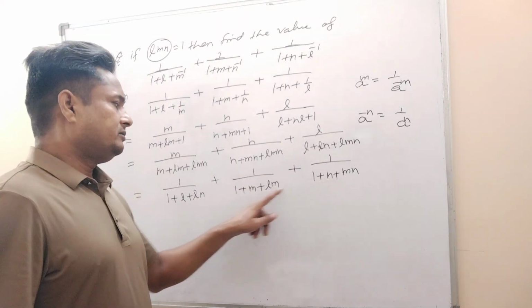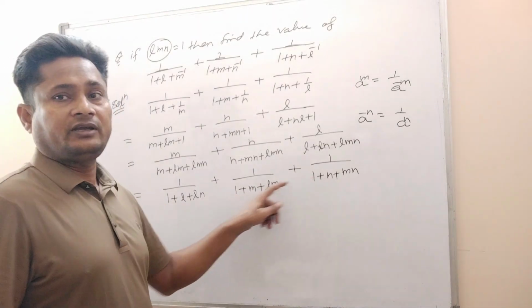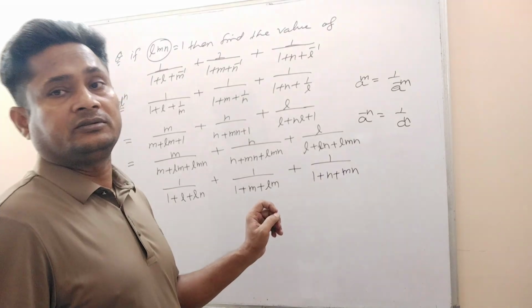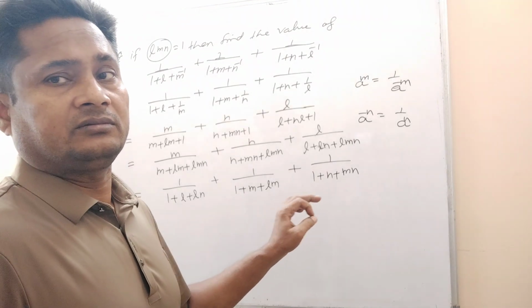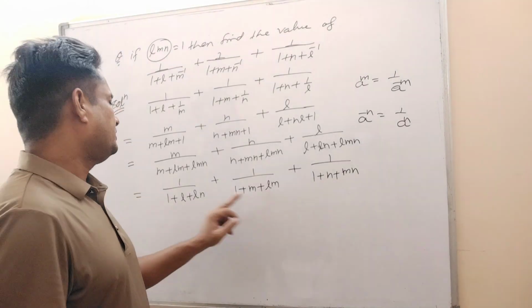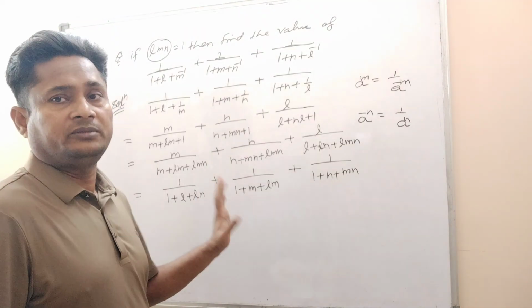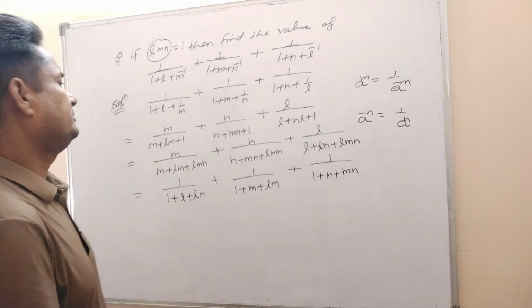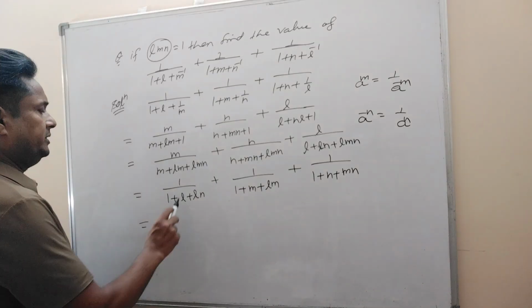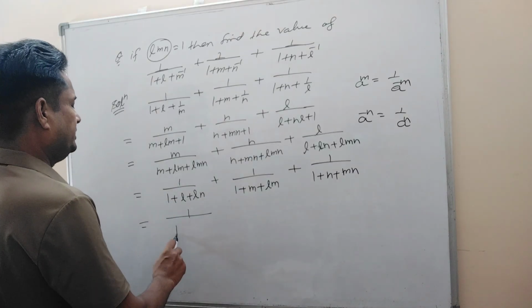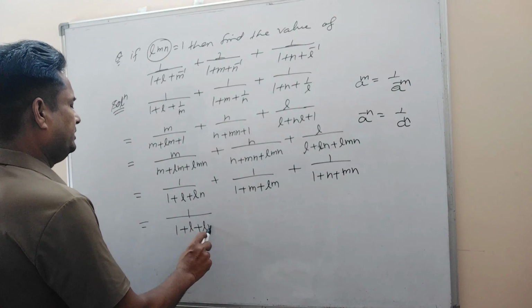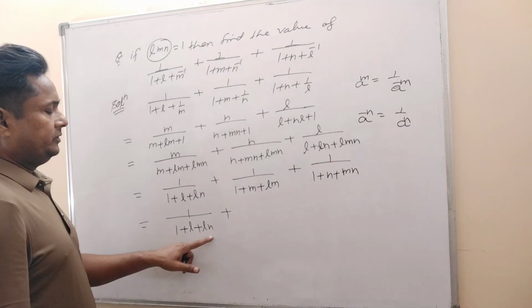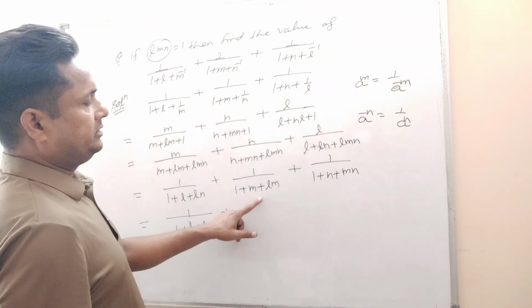Now we can make the denominator of all these three terms the same. So how can you make this 1 by 1 plus l plus ln, plus the same term we can create here.